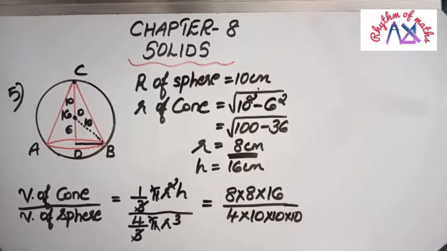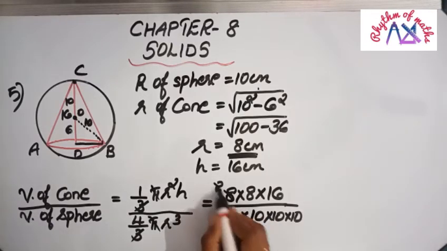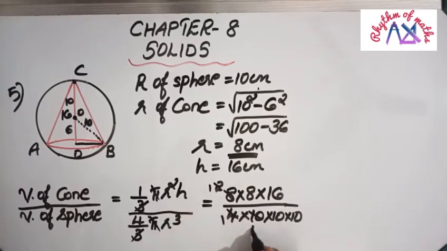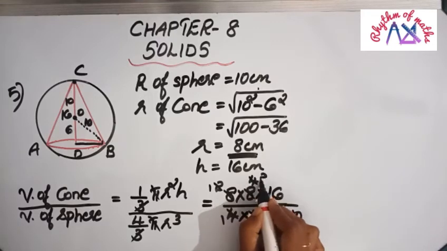Now let's simplify. This 4 and 8 we can cancel. In 4 only one 4, in 8 two 4s are there. Next with the 10: in 2 only one 2, in 10 five 2s are there. Again let's take 8 and 10 here. In 8 four 2s are there, in 10 five 2s are there. Again let's take this 10 and 4. In 10 five 2s are there, in 4 two.